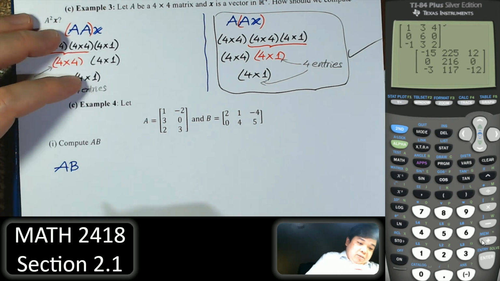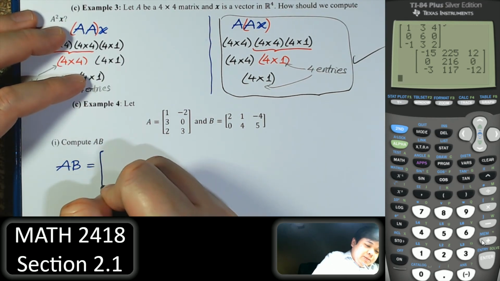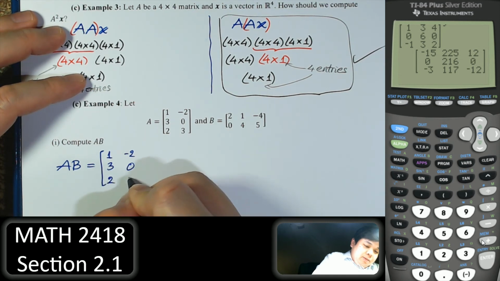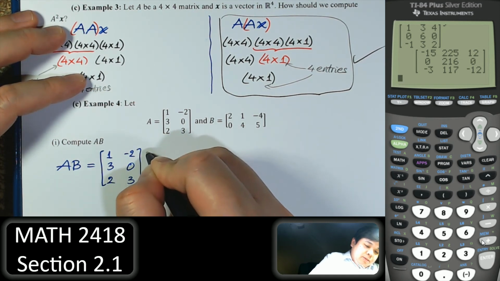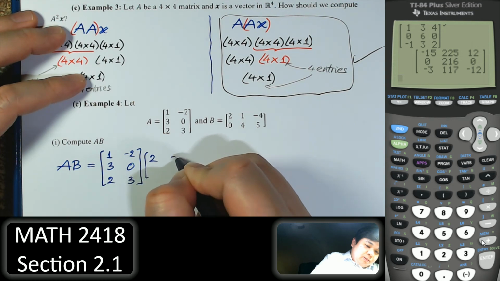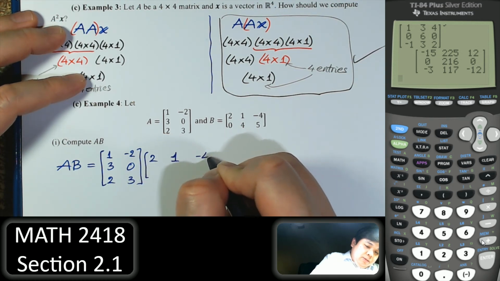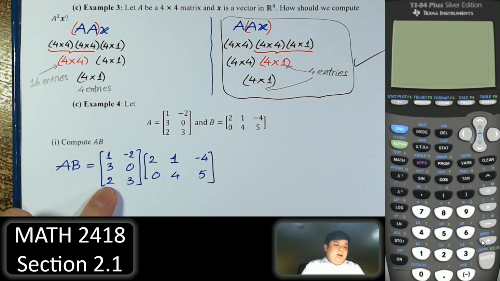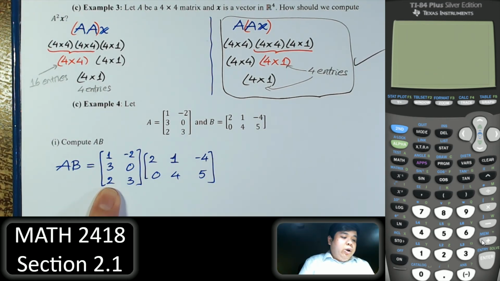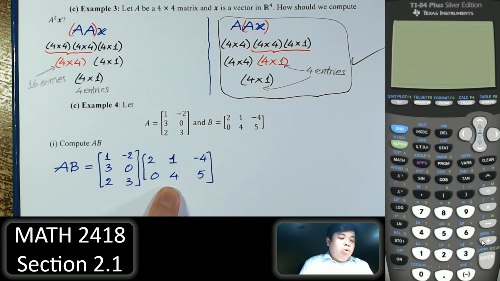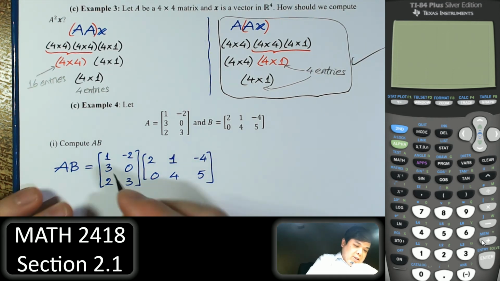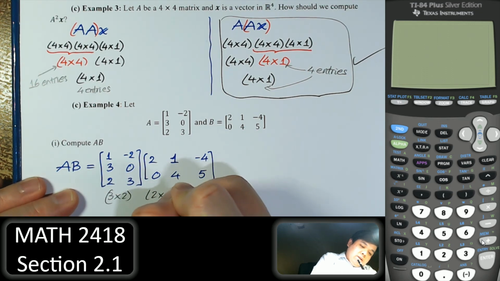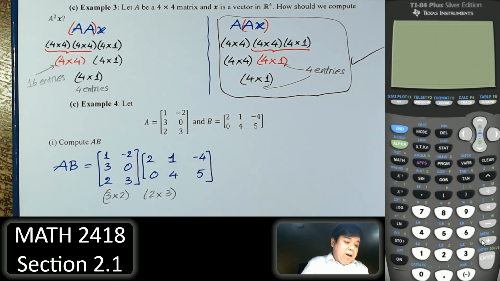Right, A times B. 3 rows, 2 columns, 2 rows, 3 columns. We end up with a 3 by 3.